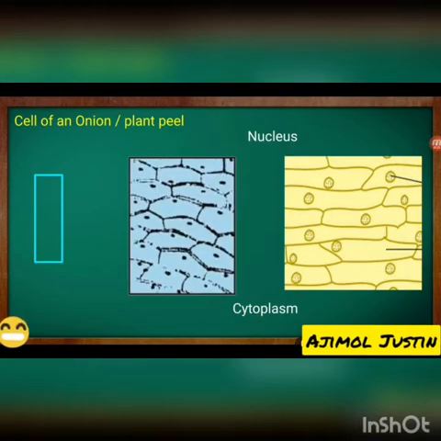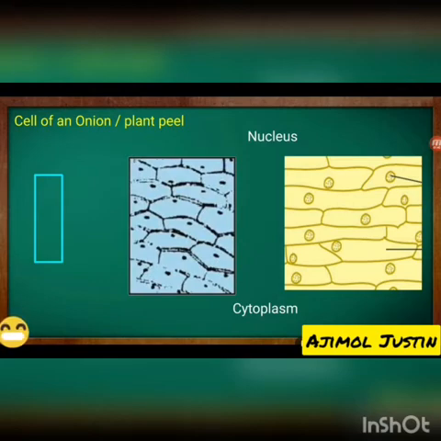Now let us see how a plant cell looks. In order to see a plant cell, we'll take an onion peel and watch under the microscope. When you watch under the microscope, the following structure can be observed.